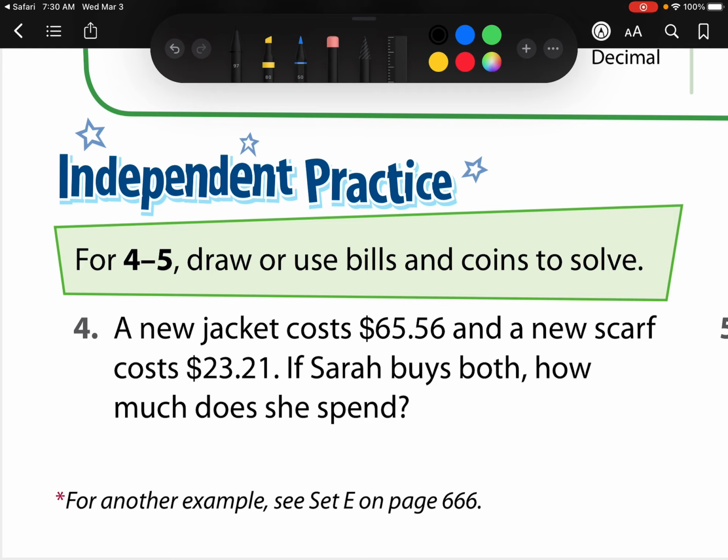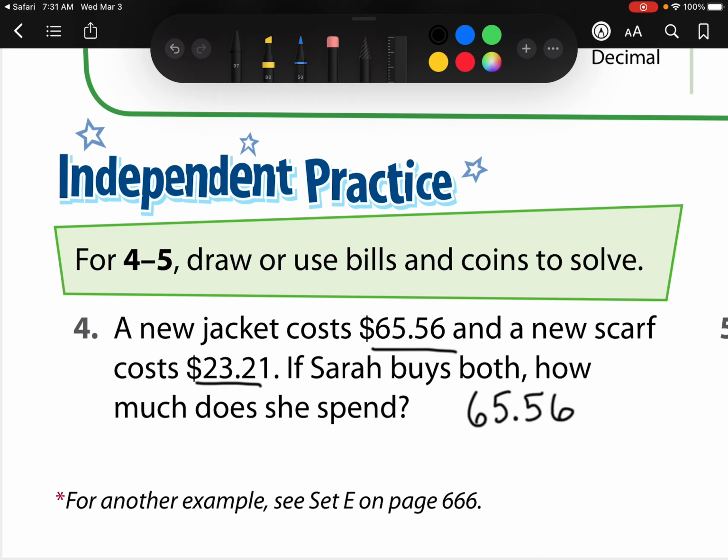Number 4, a new jacket costs $65.56, and a new scarf costs $23.21. If Sarah buys both, how much will she spend? Well, remember, what we're doing here is we are adding. Now, we could draw the money, like we did with our others, but hopefully you figured out now what we've talked about in class is place value is important for everything.